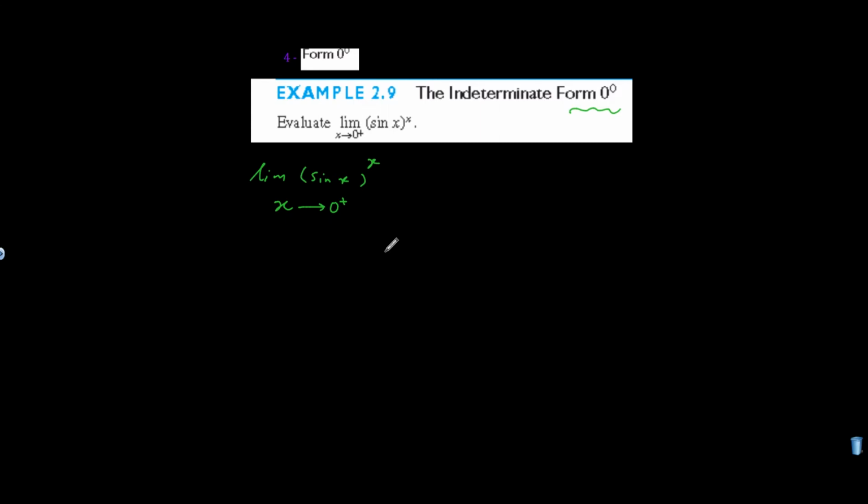The first step to solve this, be careful about this: you should just substitute x directly by 0. We get sin 0 to power 0, which is 0 to power 0.